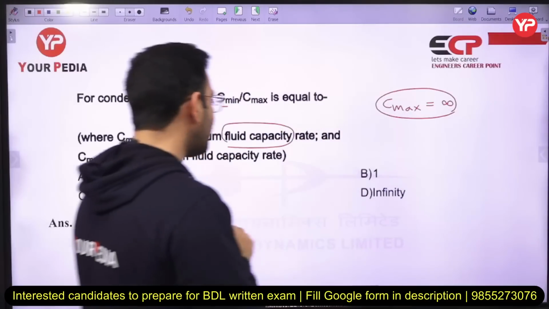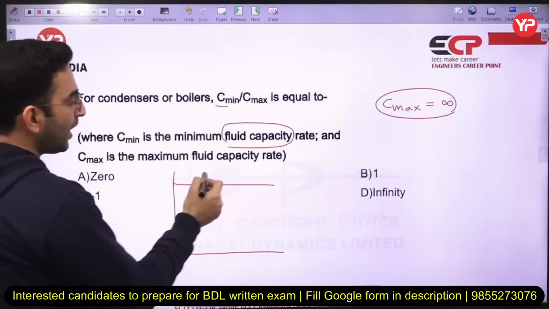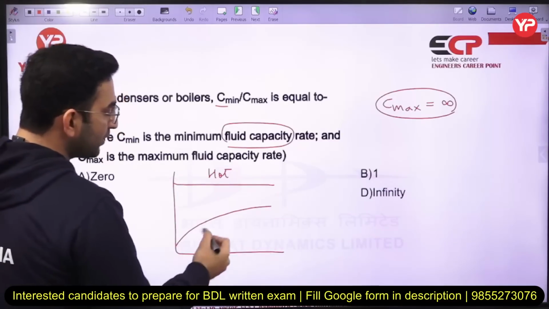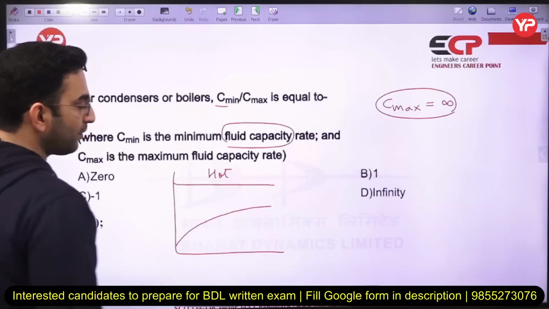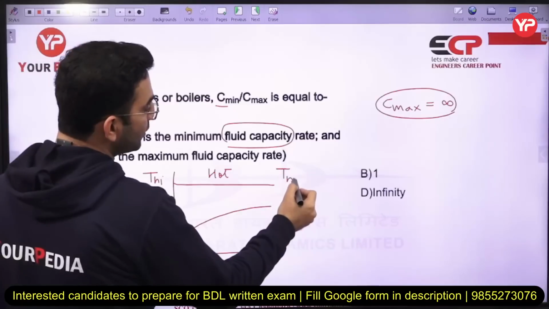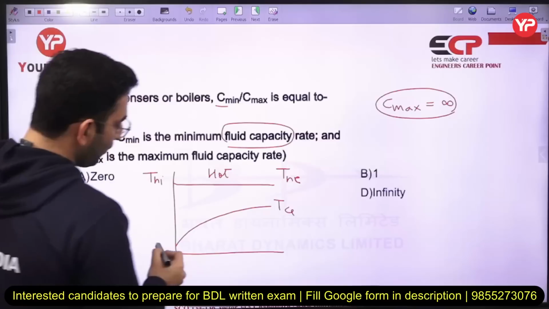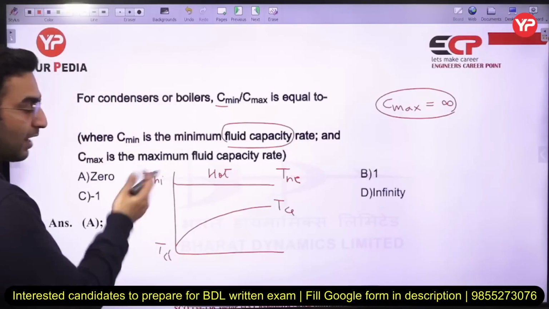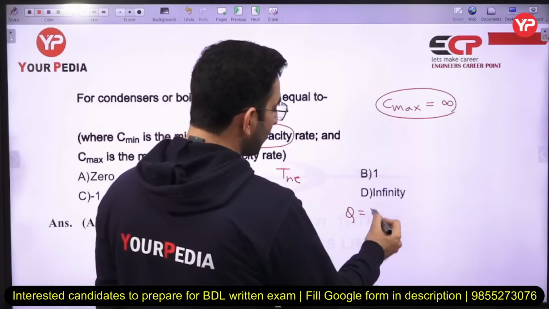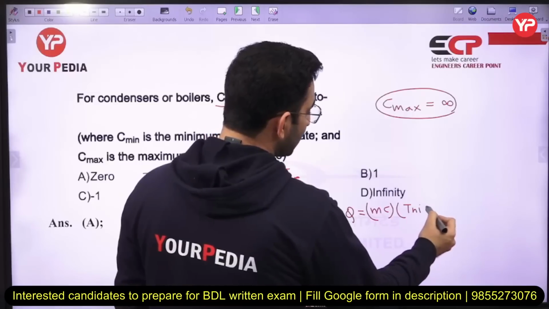Why so? Here you can see, let us suppose, here I am assuming we have a hot fluid which is maintained at a constant temperature, and correspondingly the cold fluid is gaining temperature here. So here you can say the inlet temperature of the hot fluid is going to be THI and the outlet temperature is going to be THE here. If I calculate the value of the heat transfer, how much heat is being transferred here, I can directly write Q is equal to MC (THI minus THE).